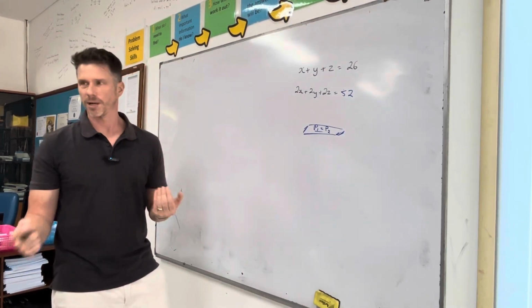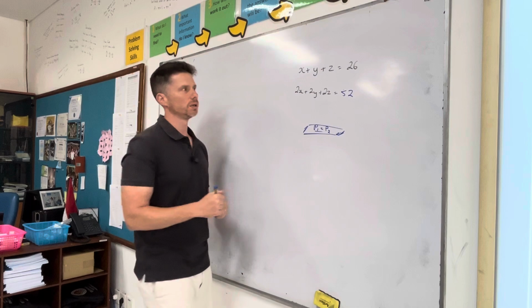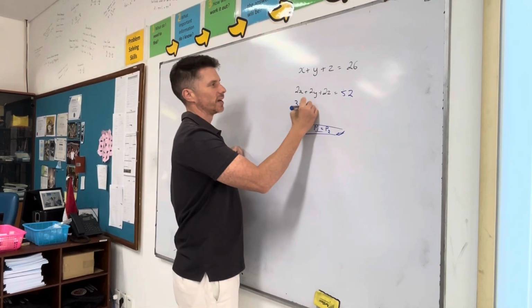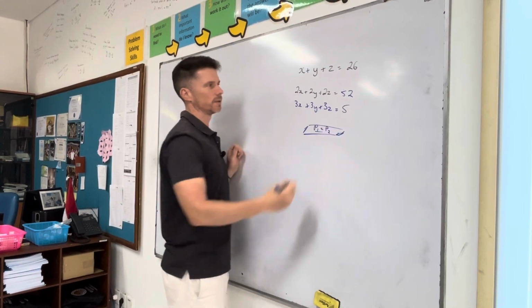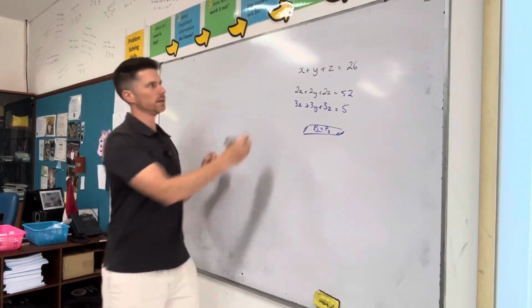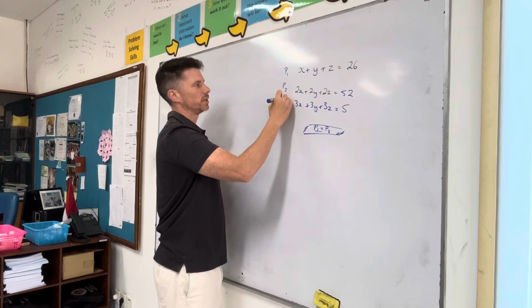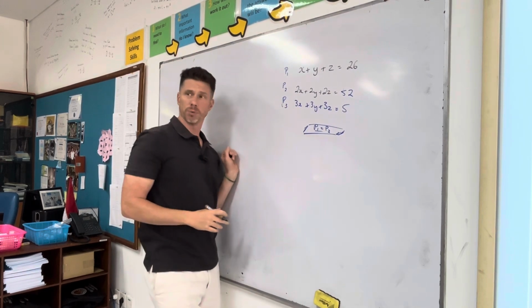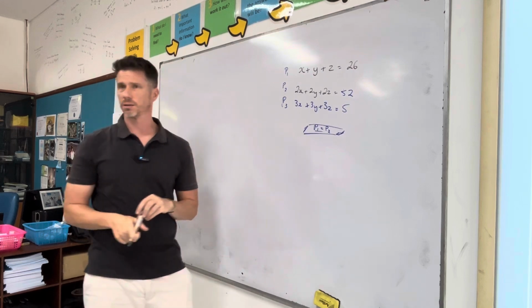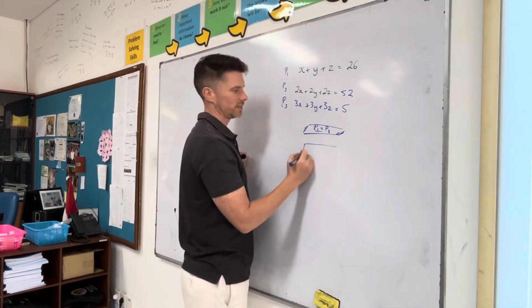Now, when 3 planes interact, of course, we can add another one. So let's go 3x plus 3y plus 3z is equal to 5. What do we know about this one? This is plane 1, plane 2, plane 3. It's parallel to both of them, but it's like it's down here, isn't it?